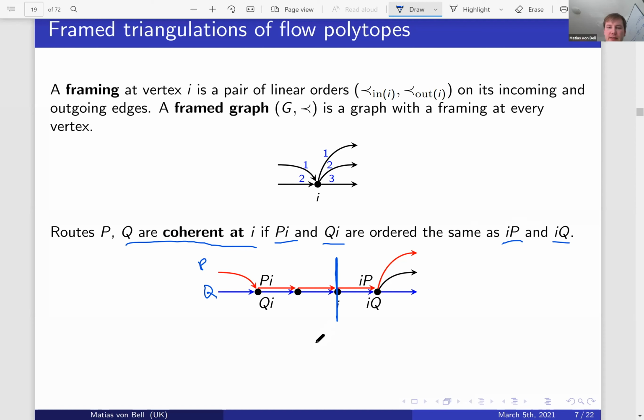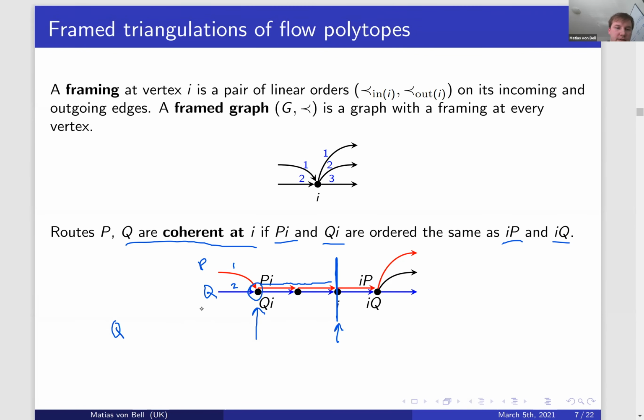What I mean by that is at this vertex I, we travel backwards until the paths diverge. So this is the point where they diverge. So now there's an ordering here, a framing on these incoming edges, and that framing will determine the order of P_I and Q_I. So in this case, P_I is on top and Q_I is on the bottom. So I will say that Q_I is less than P_I.